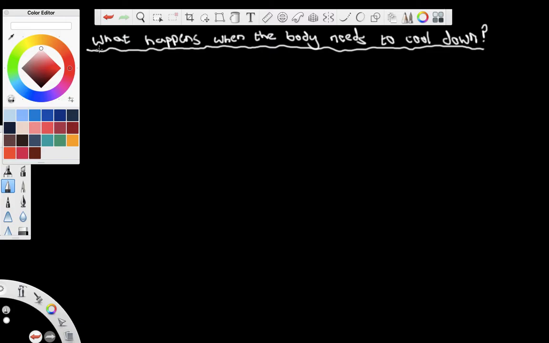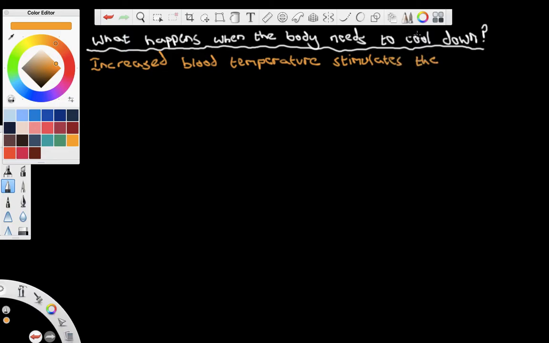Now, when we need to cool down, an increase in blood temperature stimulates the heat loss center. So increased blood temperature stimulates the heat loss center.